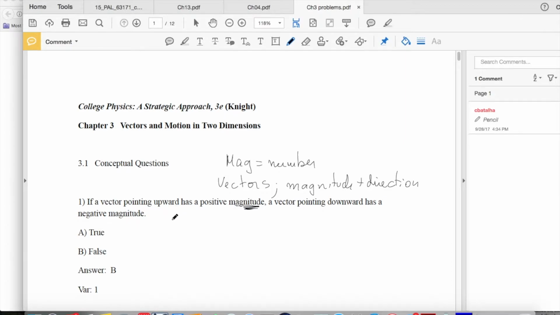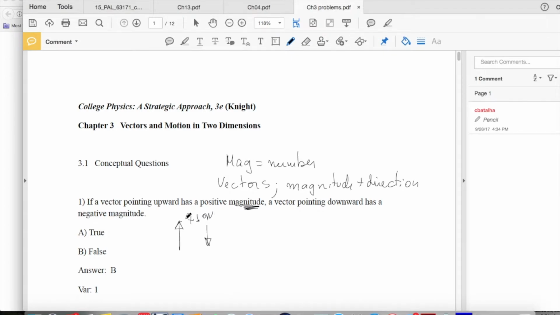A vector pointing upward has a positive magnitude. A vector pointing downward has a negative magnitude. I mean, magnitude is always positive. A vector pointing upward has, let's say, plus 10 newtons.